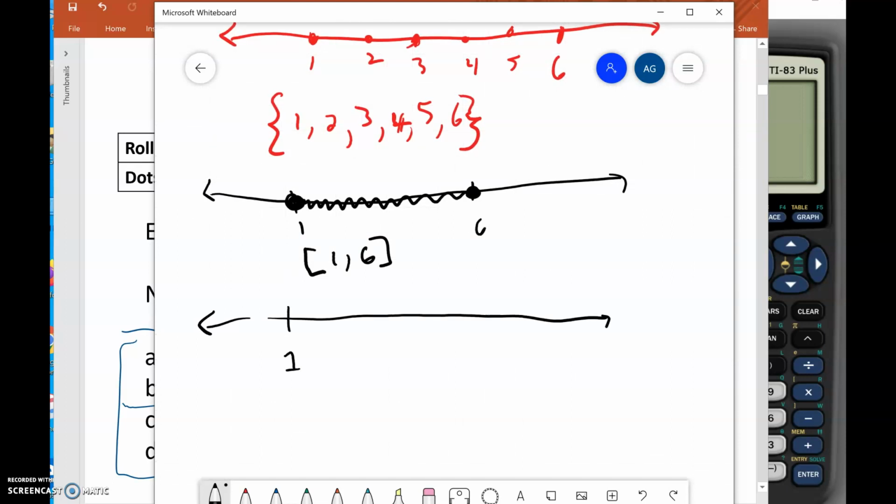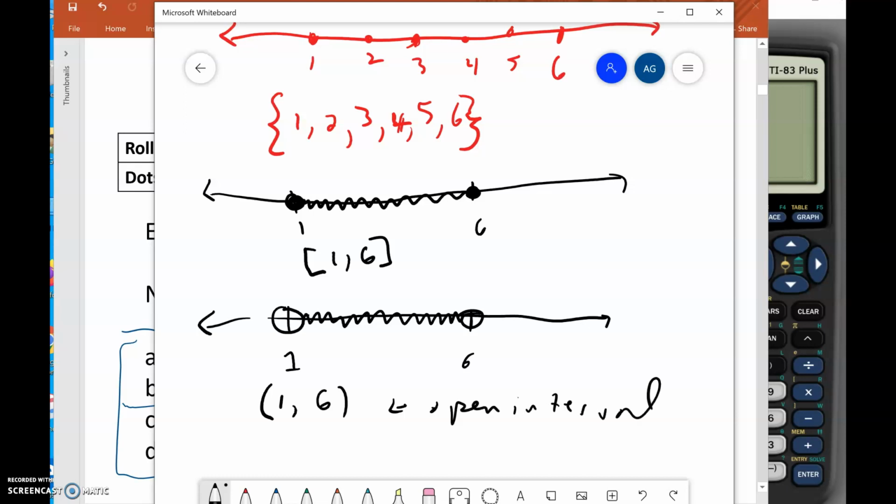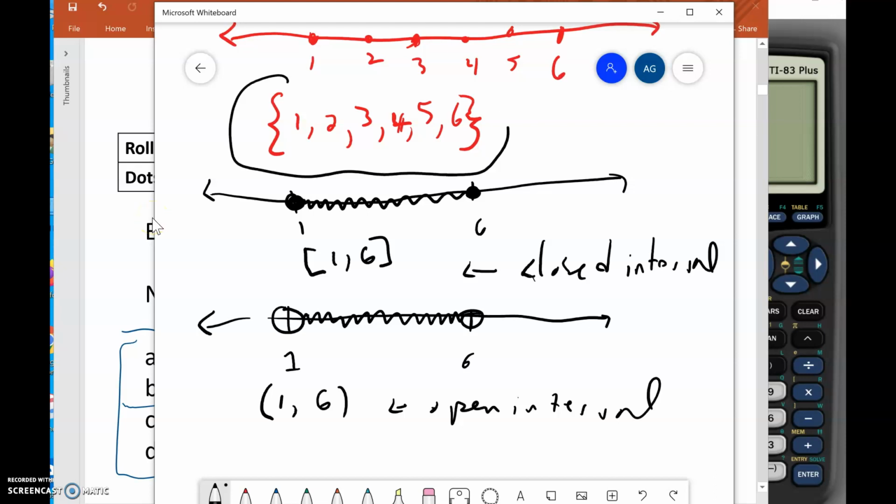If I want to get everything between 1 and 6, but I don't want the endpoints, okay, so I want to leave out 1 and 6, then I use parentheses. Okay, and so this is called an open interval, and this is a closed interval. So you need to be comfortable using this kind of notation. All right, so let's get back to our problem. So that's the answer. That's the domain, by the way.